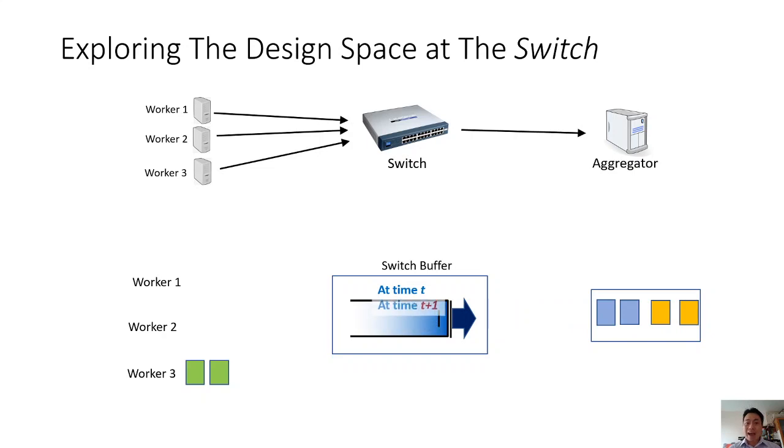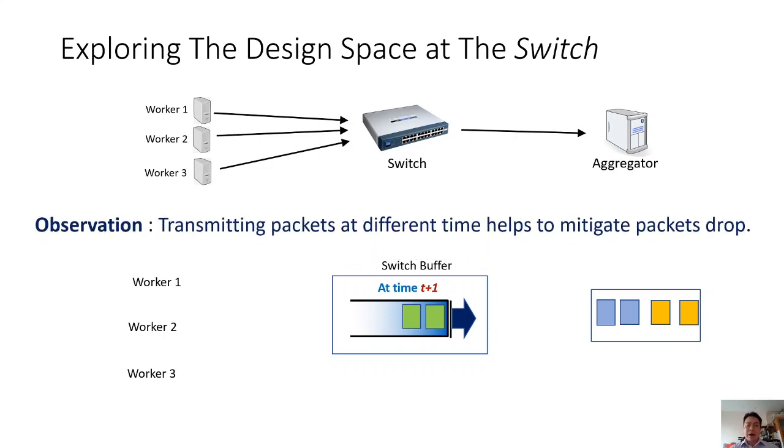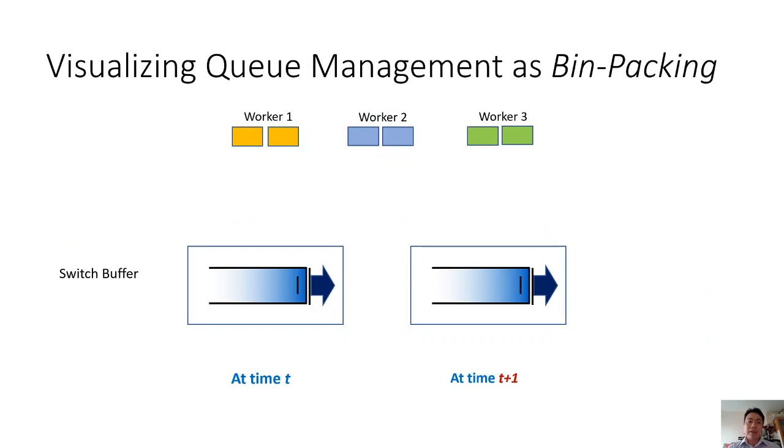Then at time t plus 1, the packet from worker 3 arrives at the switch buffer. So the lesson from this simple example is that transmitting packets at different times helps us to mitigate packet drop.